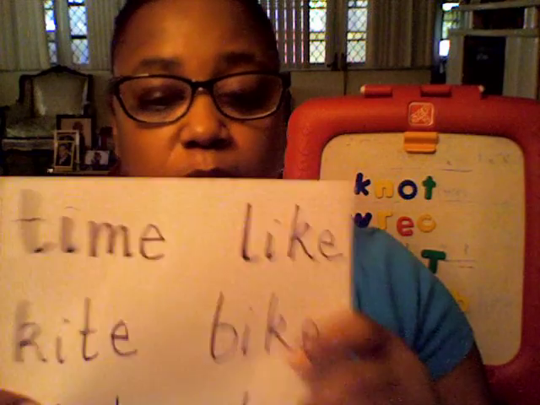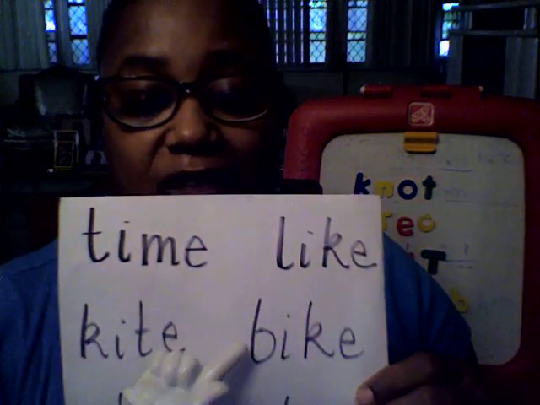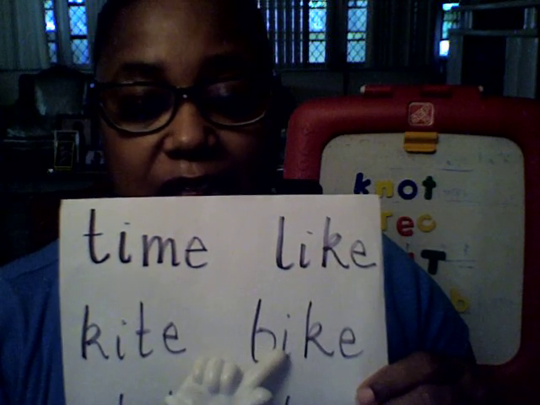What word do I get if I change the A to I? From bake to what? It will become bike. Bike. Did you get that right? I'm sure you did. Let's do some more.